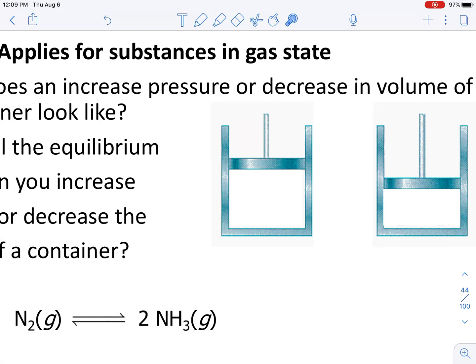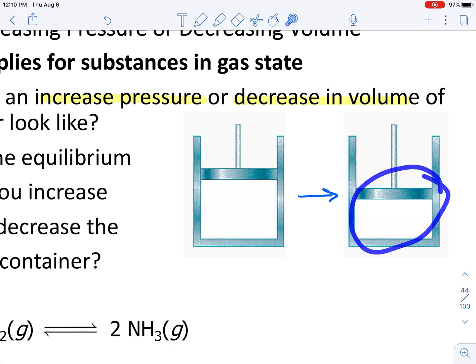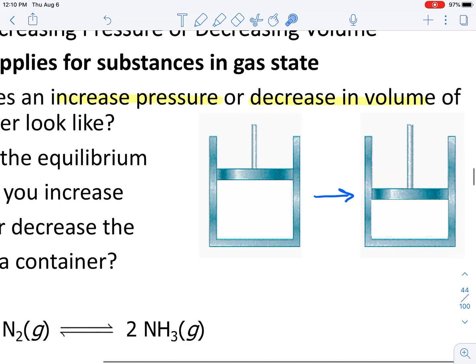And by pushing down on that movable piston, we inadvertently decrease the volume of that container. And so an increase in pressure decreases the volume of the container as well. And so this is the scenario where we're going from this specific state to this specific state in terms of the volume of the container.